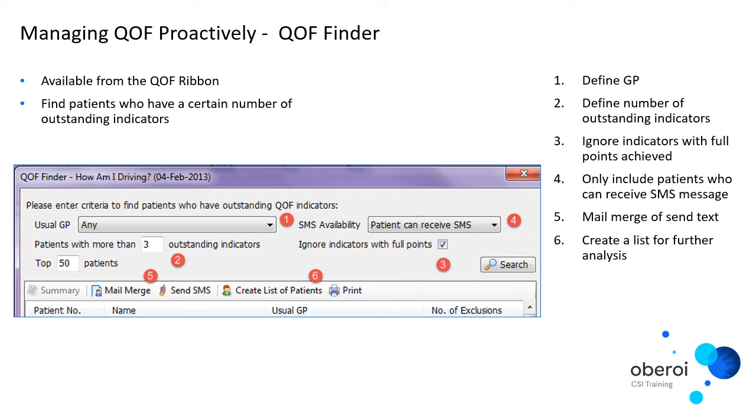You can ignore indicators that have already been achieved for the whole practice. You can include only patients who can receive messages, so if you wanted to send text messages to the patients to get them to come in or to ask them a question. You can do a mail merge to send out to the patients, or you can create a list for further analysis.